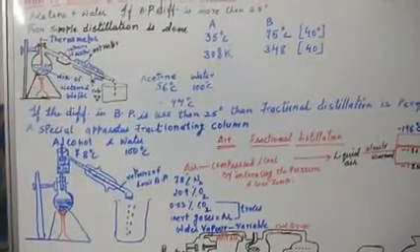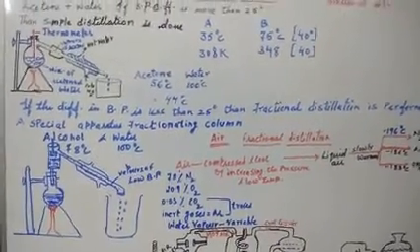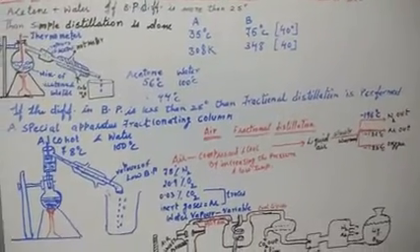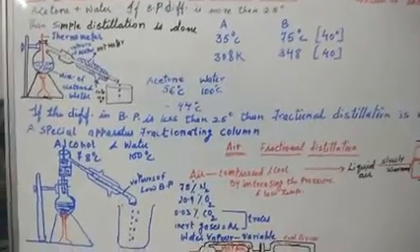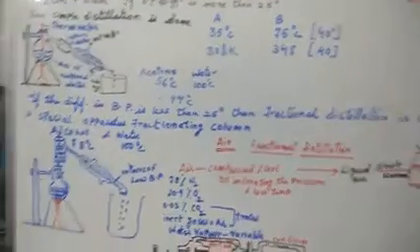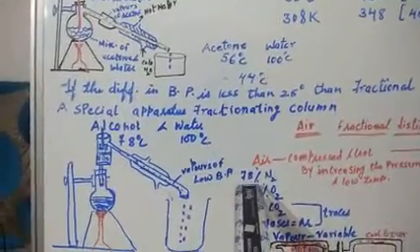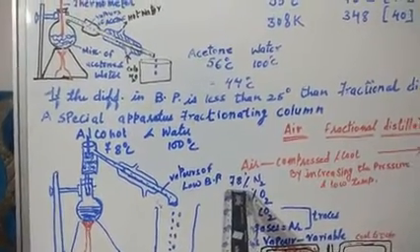Here I am taking one more example of fractional distillation, students: atmospheric air, the air around you. That also contains many components. If we observe the components, the maximum percentage is of nitrogen.